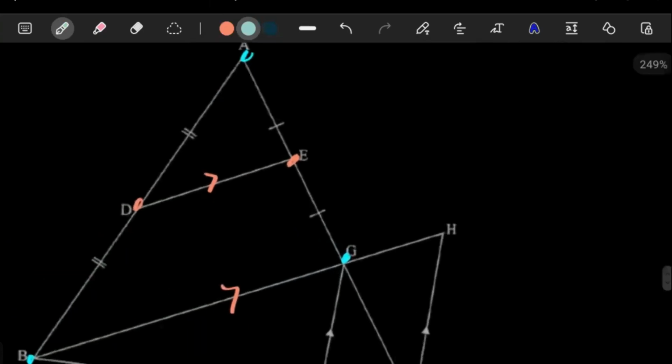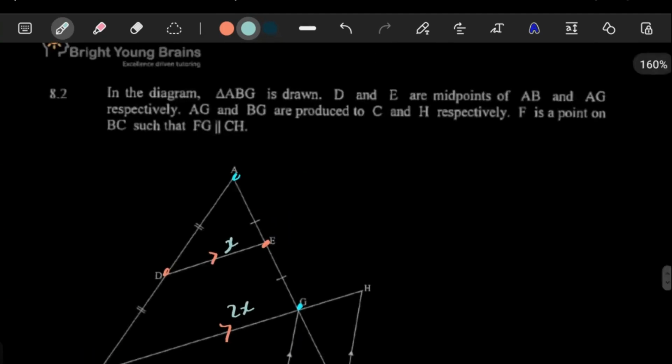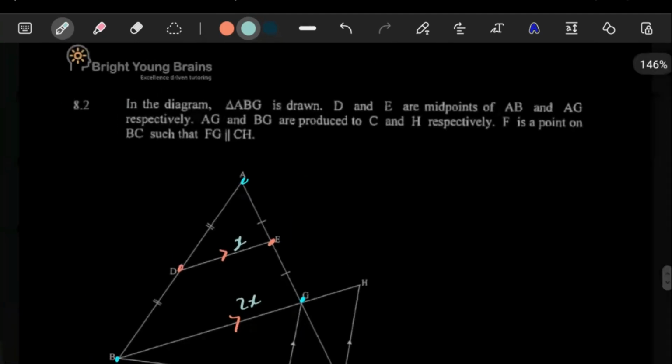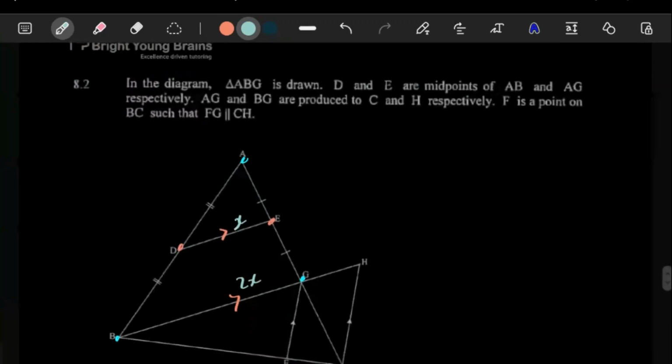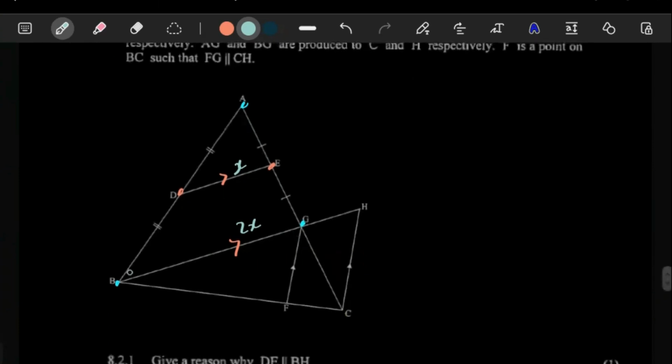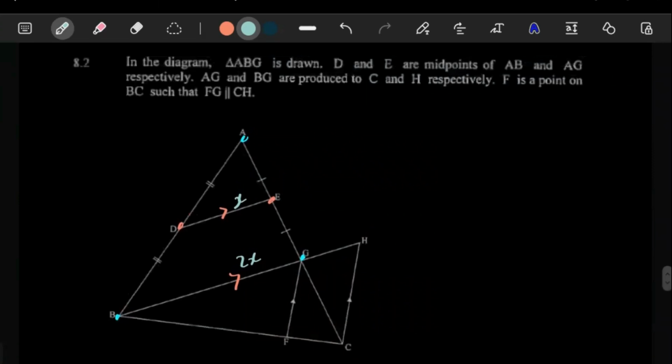Furthermore, it tells you that if this is X, this is just double. That's the midpoint theorem that we're seeing here. They're the midpoints of AB and AG respectively. AG, which is this line here, and BG are produced to C. Okay, no. Huh?